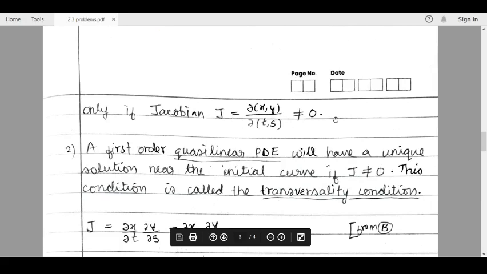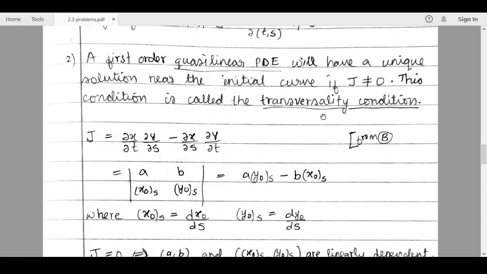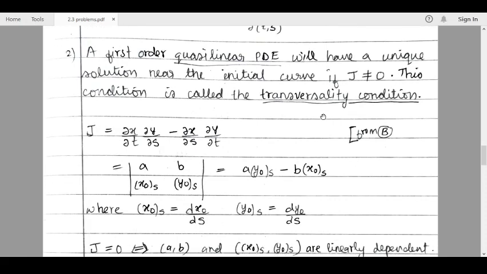So in the last class we have discussed what is Jacobian. So if the Jacobian of ∂(x, y)/∂(t, s) is non-zero, then only this inversion is possible. Now based on this we will define a condition for which a PDE will have a unique solution. So a first order PDE will have a unique solution near the initial curve.